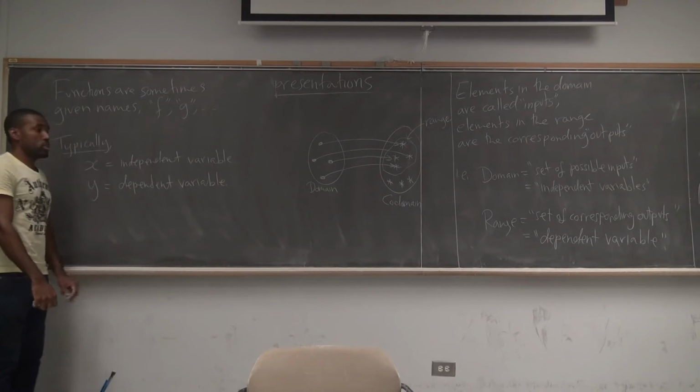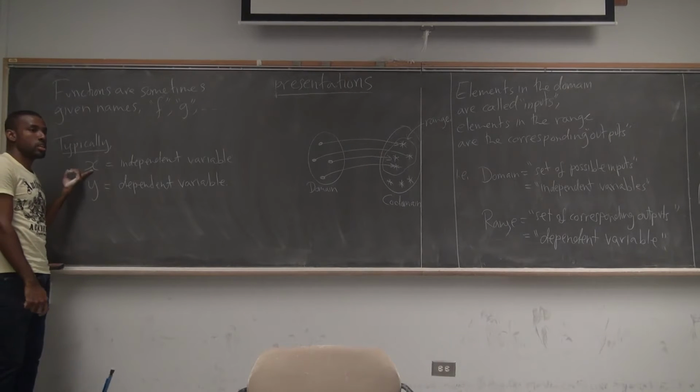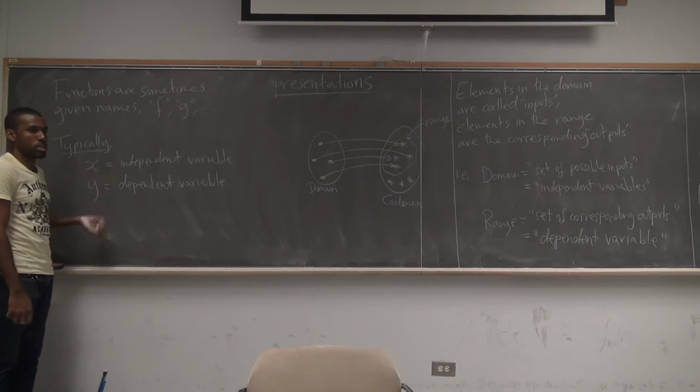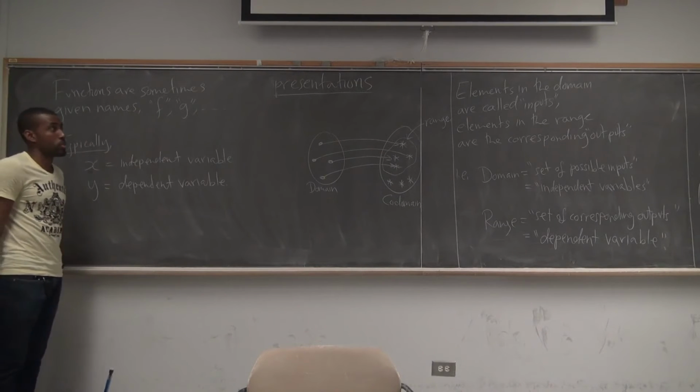Now in calculus 1 and 2, oftentimes your independent variable will change to the letter t to represent time. That's very suggestive. But if you're going through algebra and precalc, usually you'll see x and y. But there's nothing special about x and y. It's just a typical thing to use.